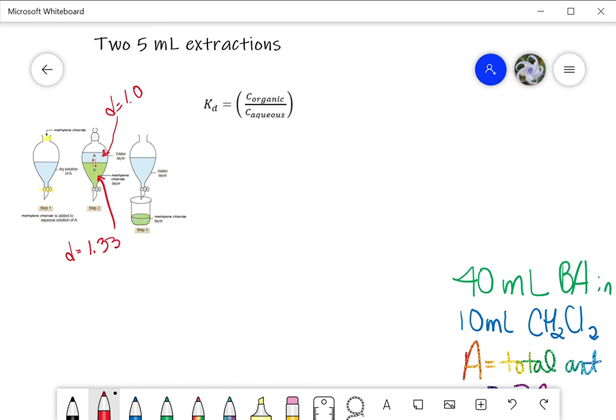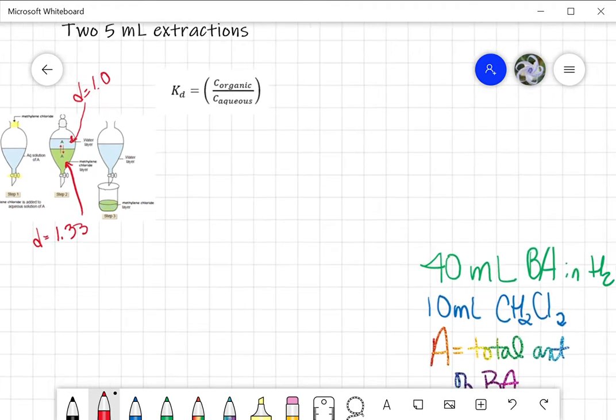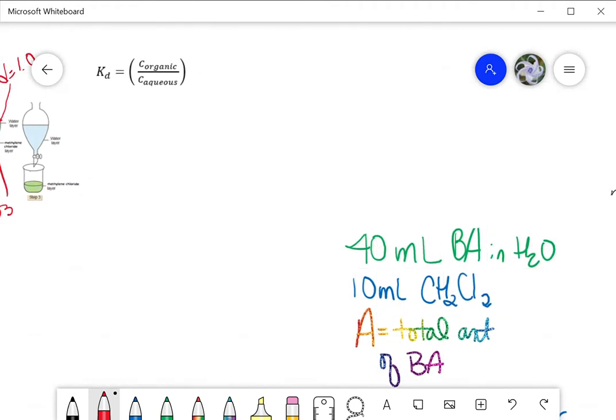The calculation for this one is a little more complicated because we're going to have two extractions this time. So we're still going to start off with our 40 milliliters of benzoic acid. That part will be the same. But now, instead of having 10 mL, we're going to be doing two 5 mL extractions.